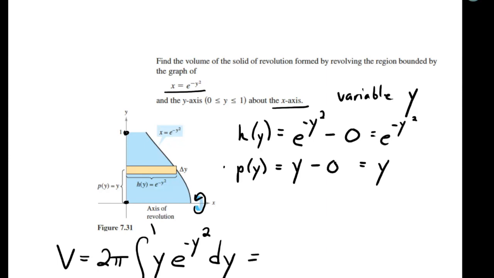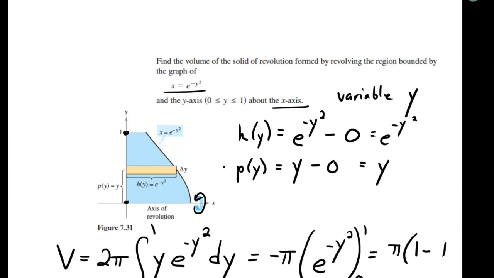And that is solvable by hand using a little u substitution. You already have a 2 and a y in there, so it turns out nice. With that, you should get negative pi e to the negative y squared from 0 to 1. And of course, that leaves you with pi times 1 minus 1 over e, or if you're using your calculator, 1.986.